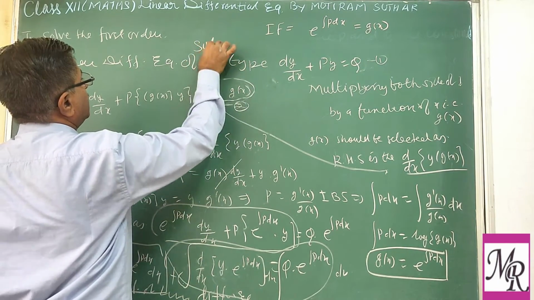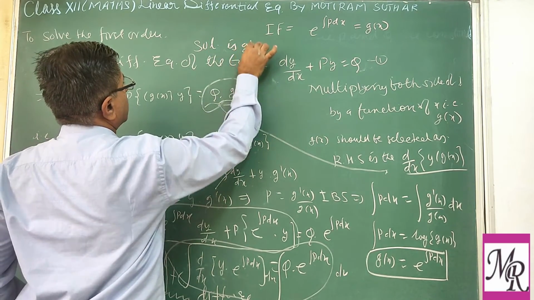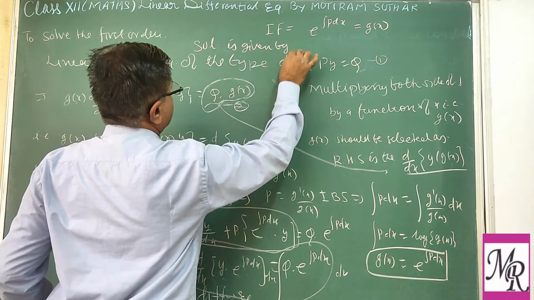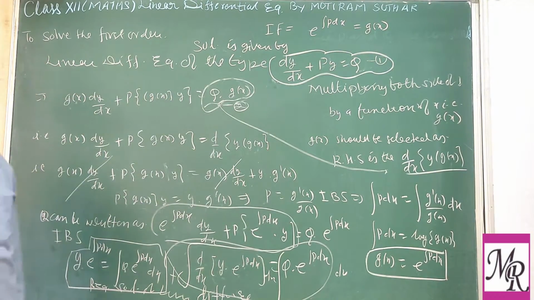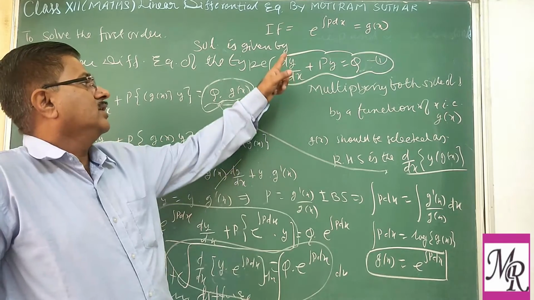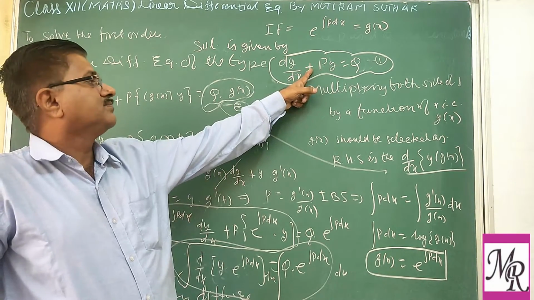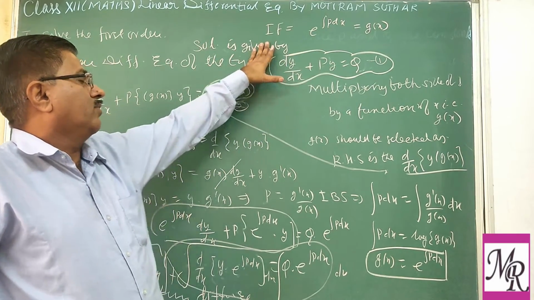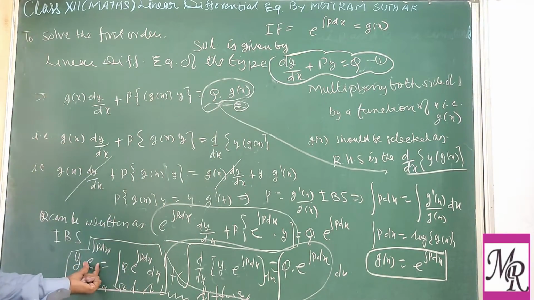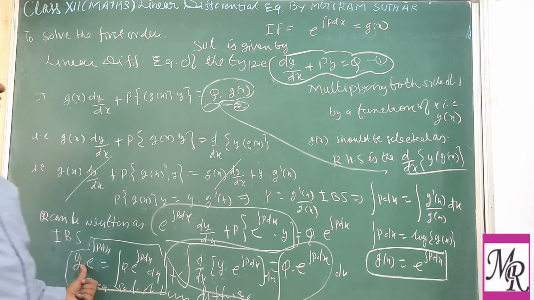Its solution is given by, directly we can say, the solution of the first type of linear differential equation, that is dy by dx plus py equal to q. Its solution is given by y into e power integration of p dx, which we call the integrating factor.